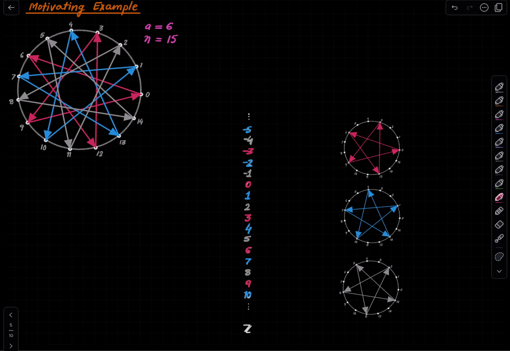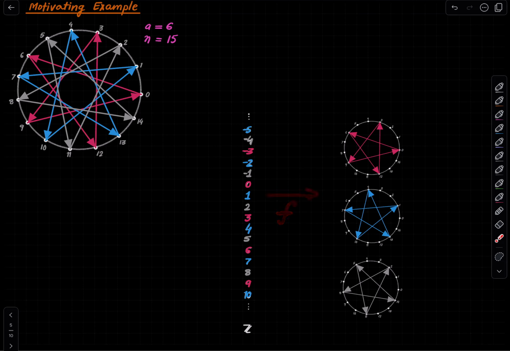Okay, so that's it. And here is something that you can prove: whatever is the color of 0, same is the color of 6. Whatever is the color of 1, same is the color of 7. Whatever is the color of 2, same is the color of 8. And so on. Whatever is the color of the integer x, same will be the color of the integer x plus 6. So if f is the color function, the function which takes an integer and tells us the color of that integer, then f is a function with period 6.